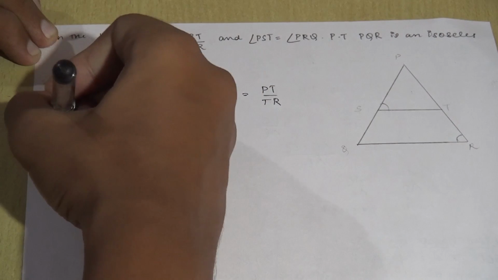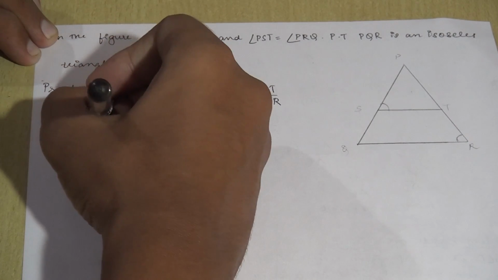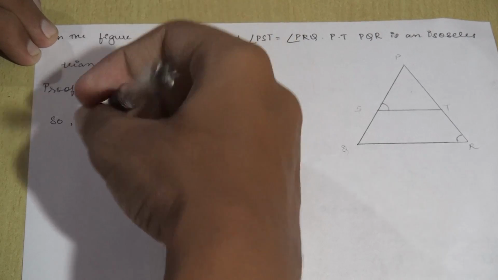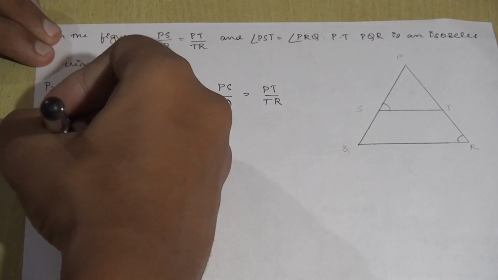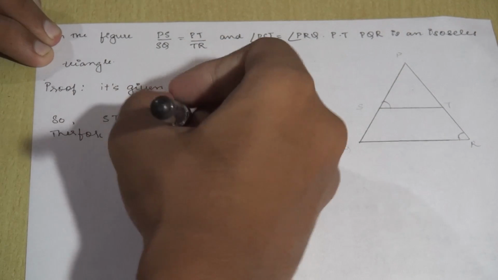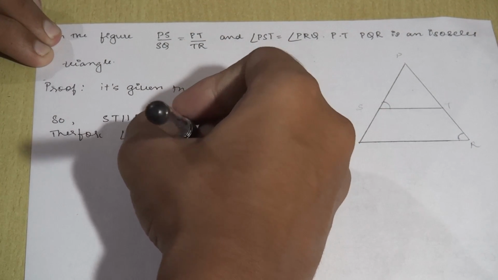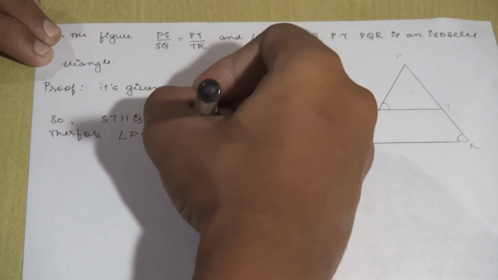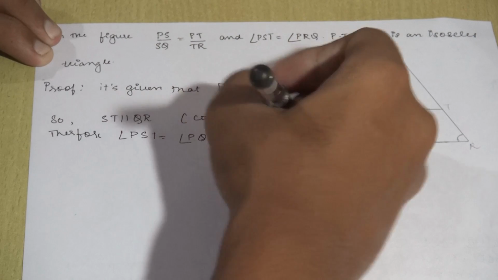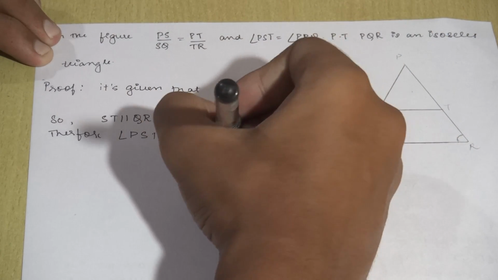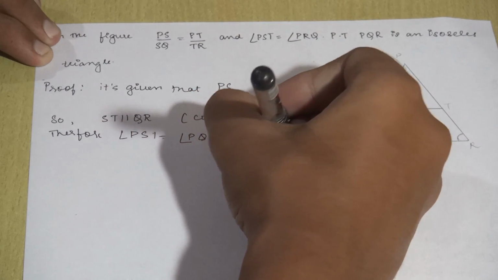So ST is parallel to QR. Therefore, angle PST is equal to angle PQR. We got this by converse of BPT, and these are corresponding angles.